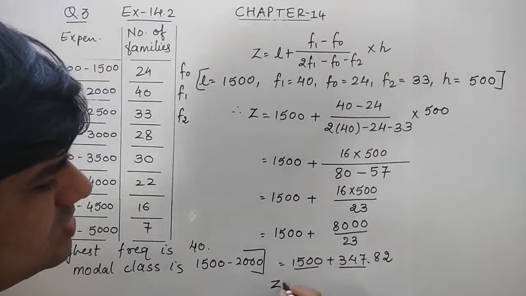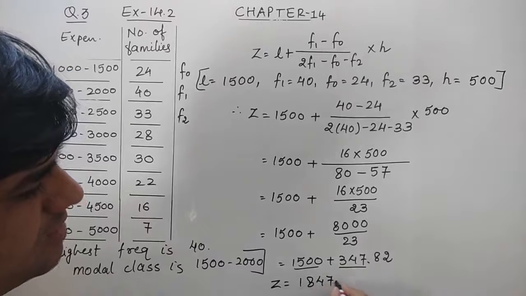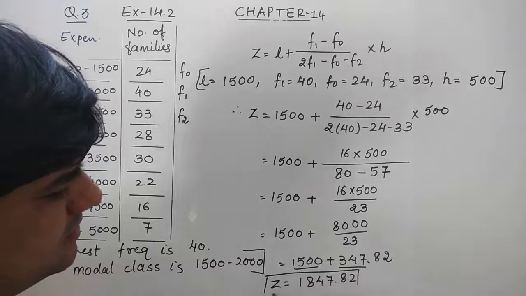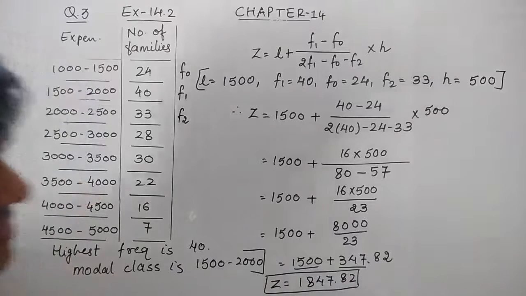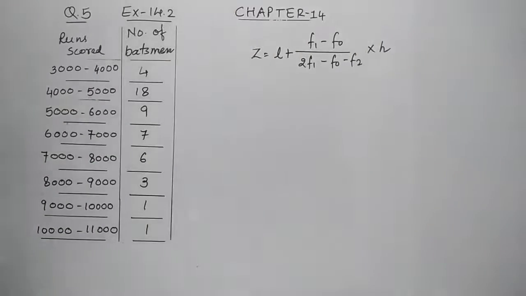So Z is equal to 1847.82. We can consider this as the mode, that is the expenditure of the families of the village. Thank you.